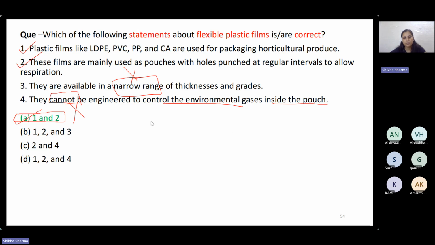So Suraj, you said D, but it's A, 1 and 2. The fourth option is incorrect. So only 1 and 2 are correct.